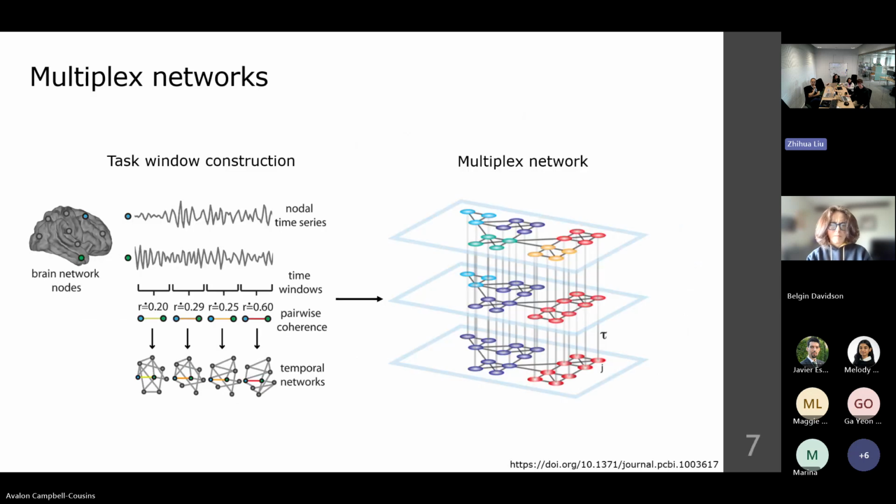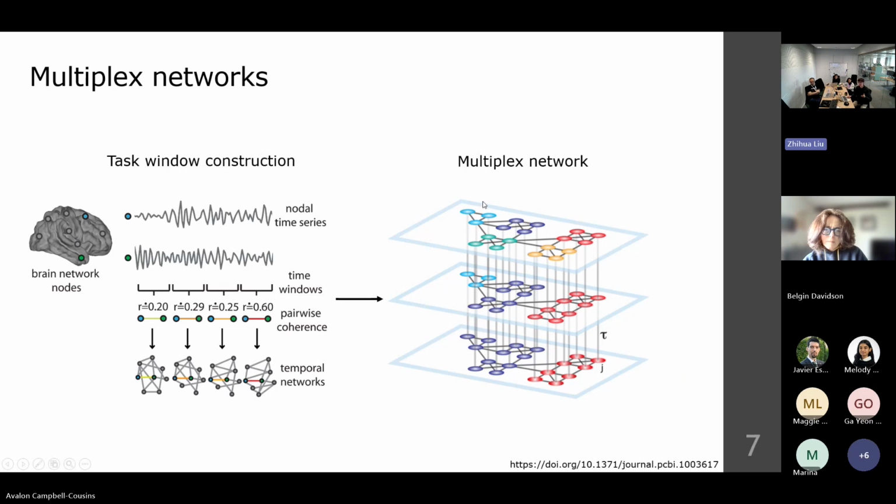And that's where multiplex networks come into play. With a multiplex network, we can construct from our, say, fMRI time series, individual windows, which will be our networks. These are really nice when looking at task-based data, because each of these time windows can be a stage of your task. And you can track those dynamics across time when you model them as a network with interdependencies that connect across time.